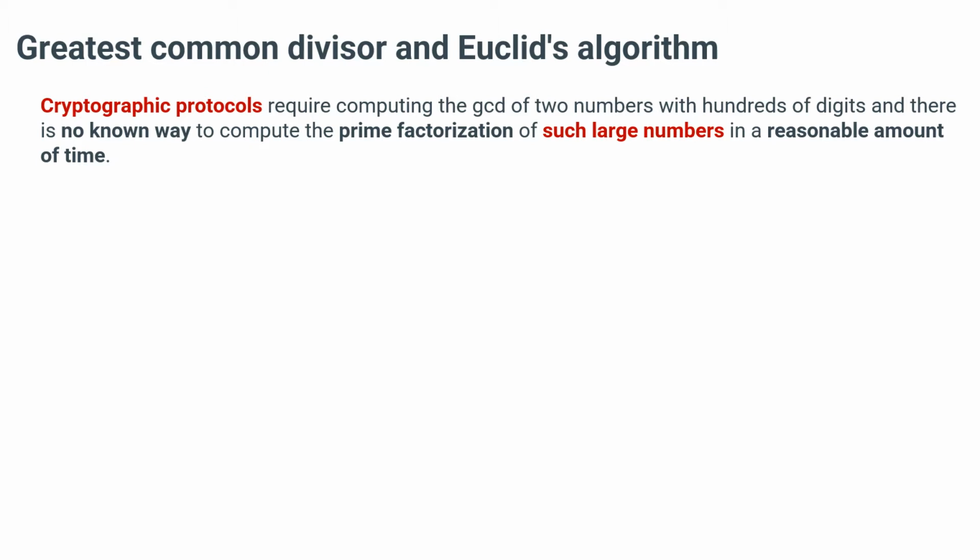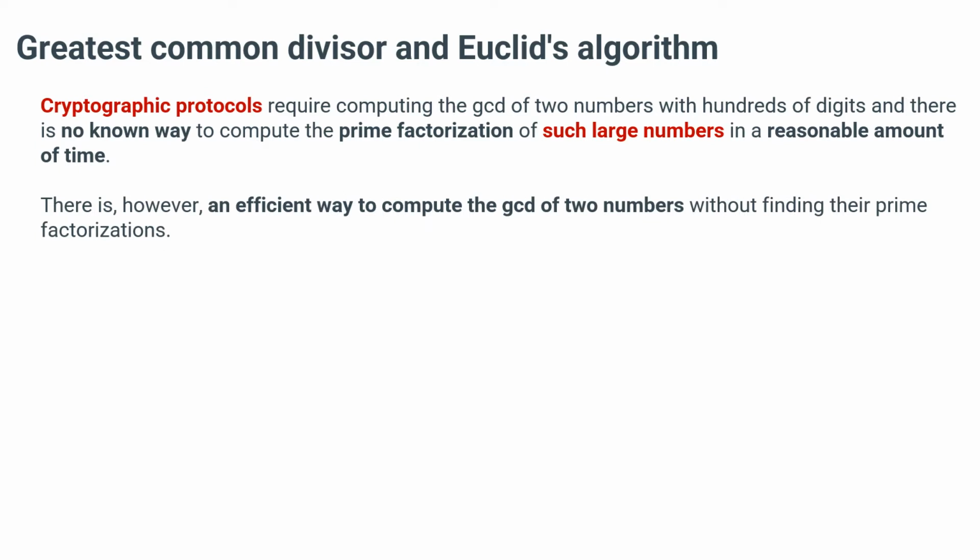But this is saying we can't find those prime factorizations if we have very, very large numbers, in a reasonable amount of time. We just can't do it. However, if we have 2 very large numbers, there is an efficient way to compute the GCD of those 2 numbers without finding their prime factorization. So it's another way to come up with the GCD.